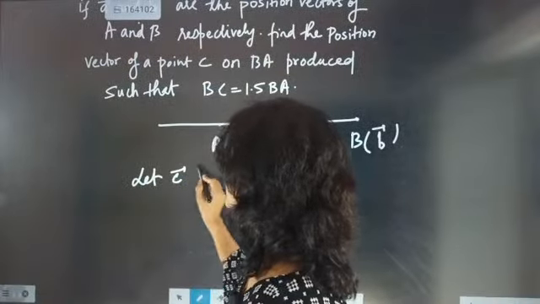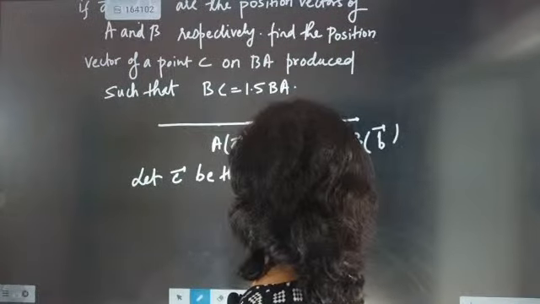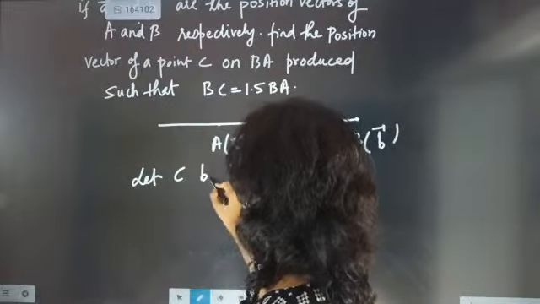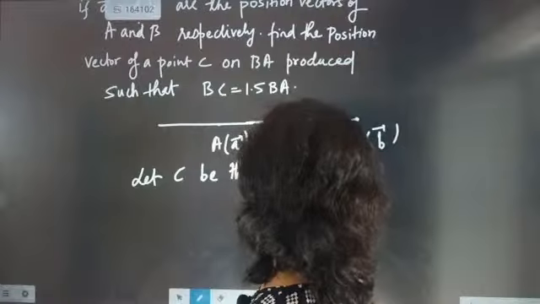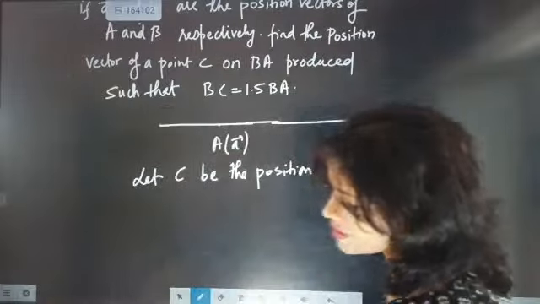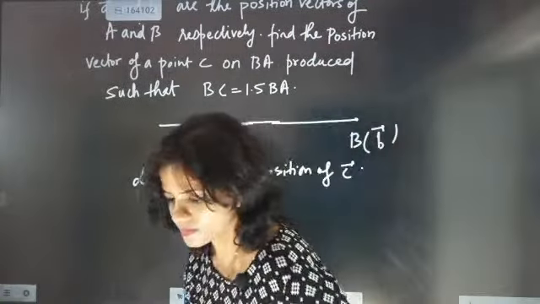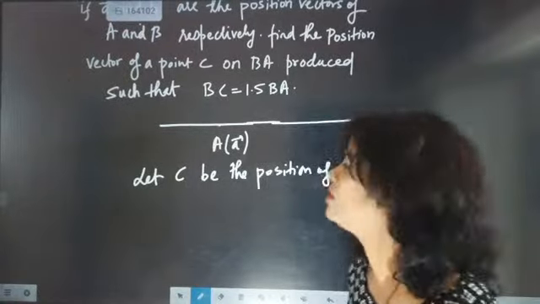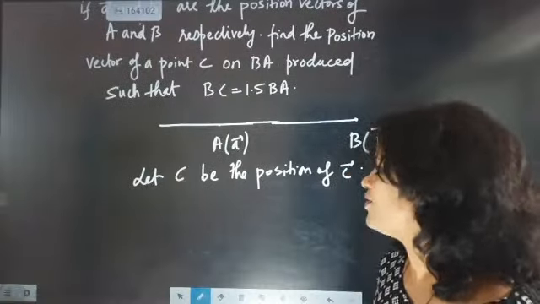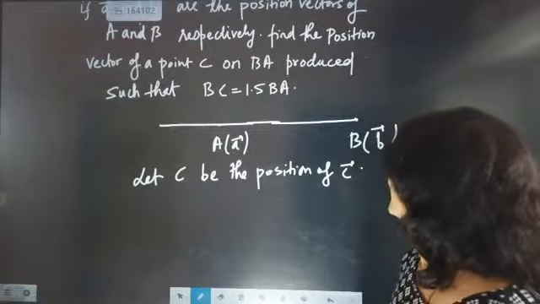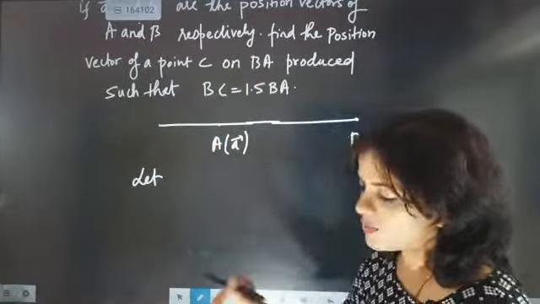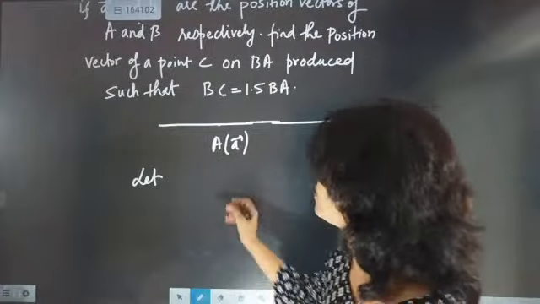Let C be the position vector of C. Let the position vector of C be C vector.